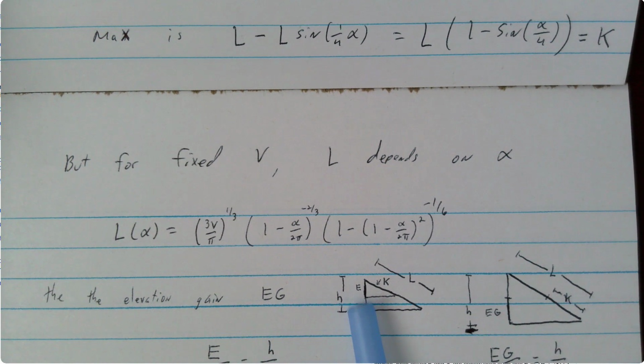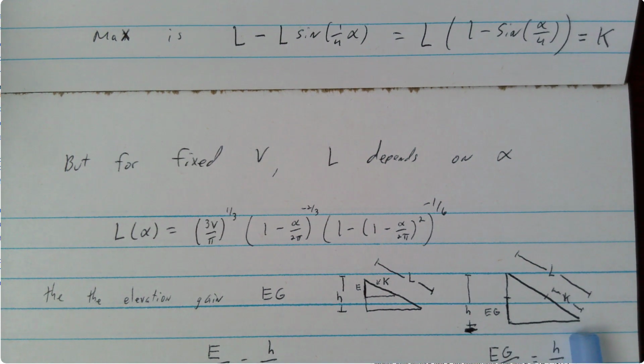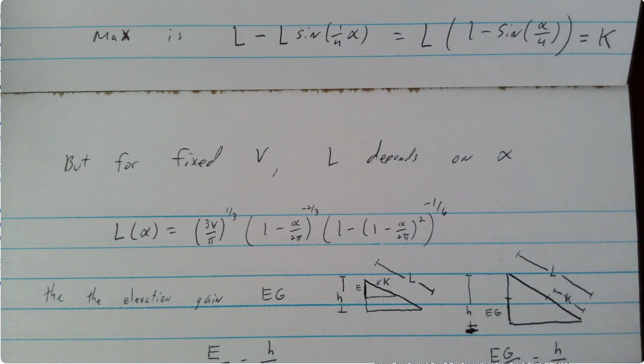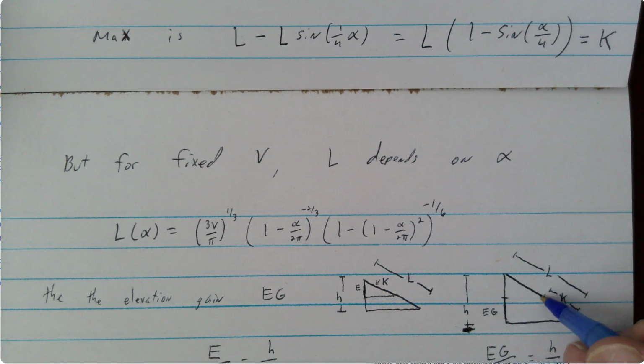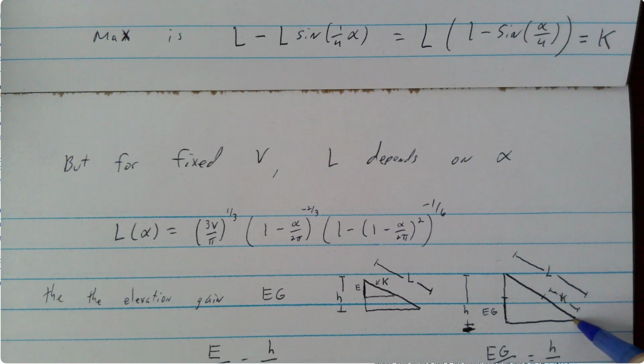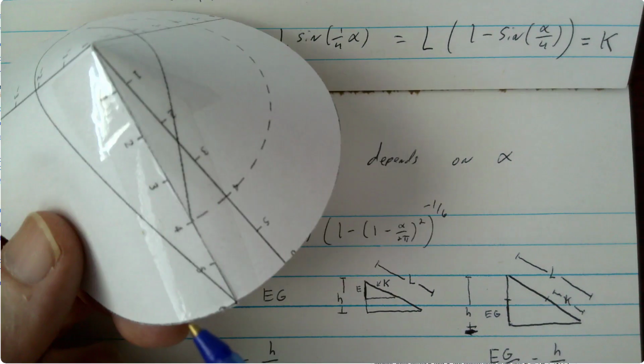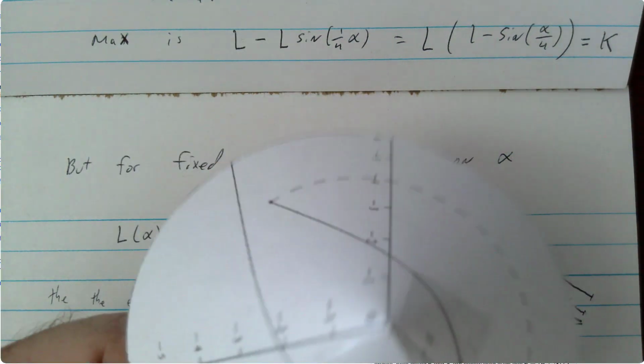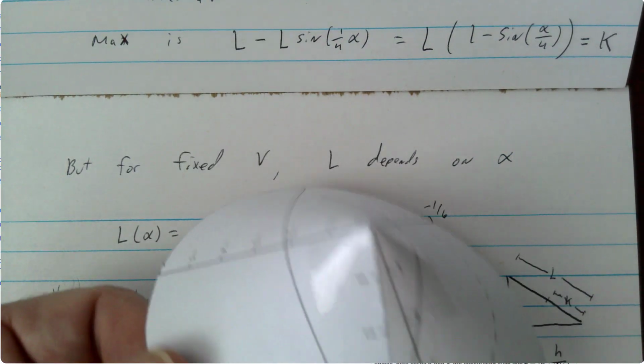So by similar triangles, I should probably have started with this one, but you don't have to be at the end. I did it in general first, but then I decided to do it in terms of this amount here. So K is the amount for the elevation gain if you start at the base and then go to the exact opposite side. What will this elevation gain be? The Z part.